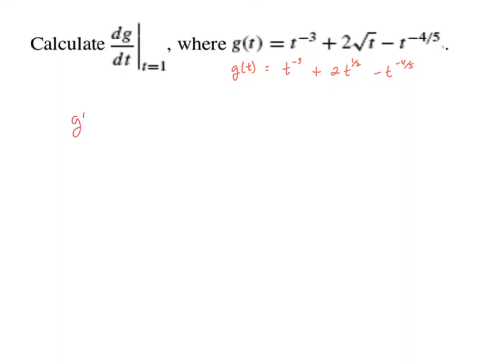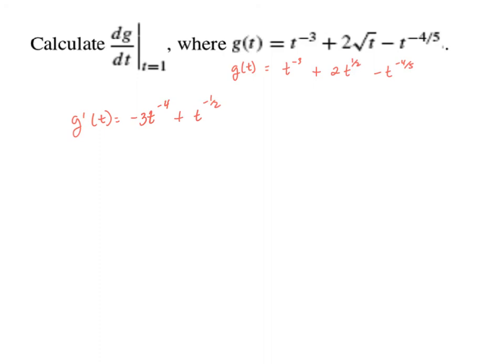So now power rule, we're going to take the exponent, bring it down as the coefficient, so negative 3t, and we're going to subtract 1 from the exponent, so we get negative 4th power, plus 1/2 times 2 is 1t, take away 1 from 1/2 to the negative 1/2.